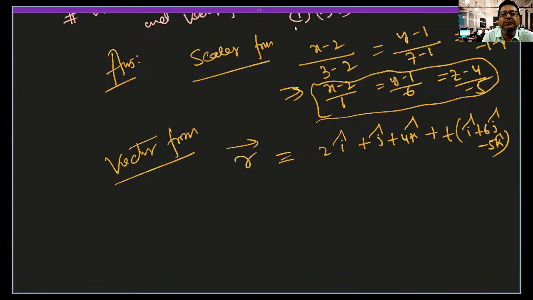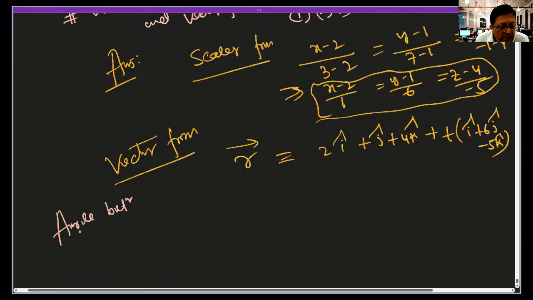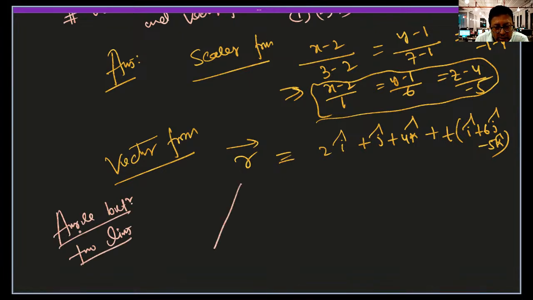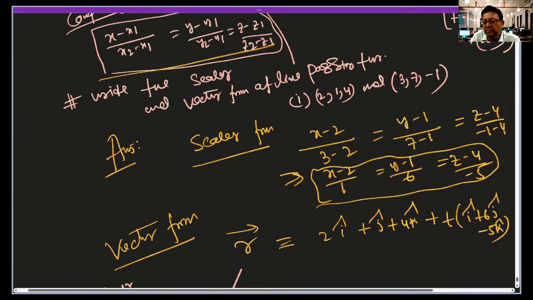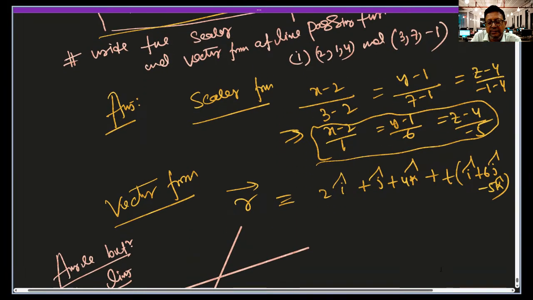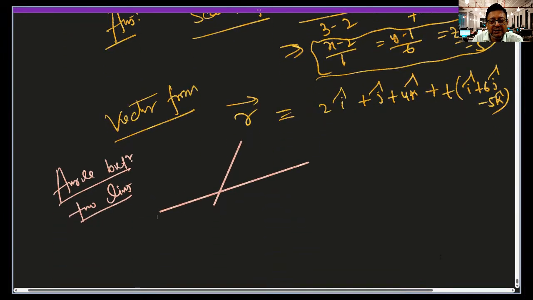Now let us find the angle between two lines. This is one line, this is another line, with i cap plus 6j cap minus 3k cap. So these are two lines in 3D. You have to find the angle between them.